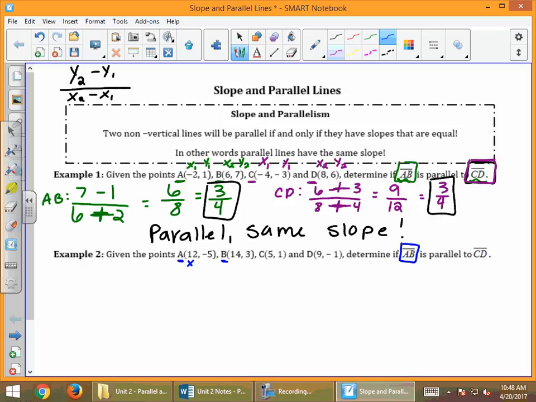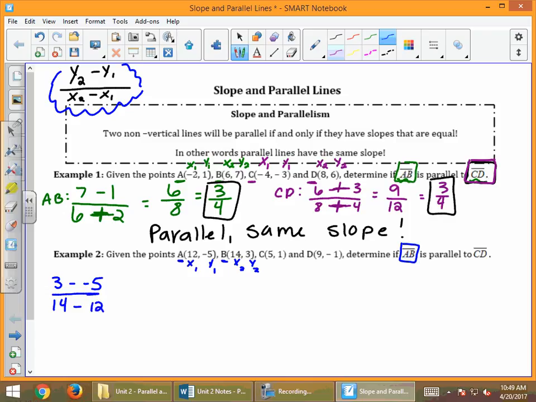Label x1, y1, x2, y2, always in that order. Plug those numbers into the right spot in the slope formula up here. So our top is going to be 3 minus -5. Always a minus sign after the first number. And the bottom is going to be 14 minus 12.